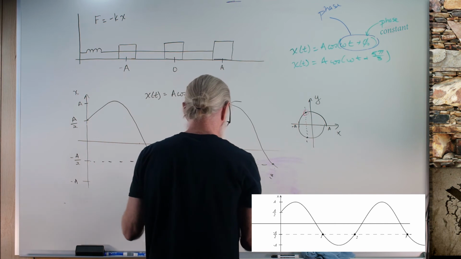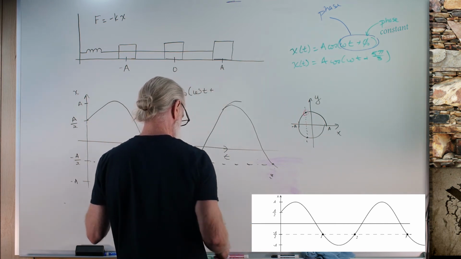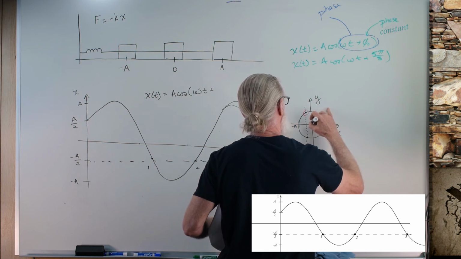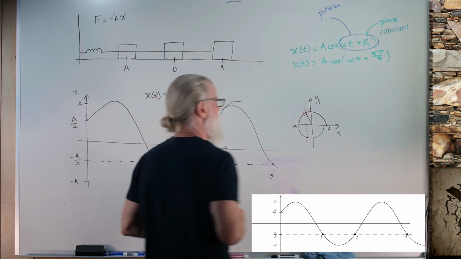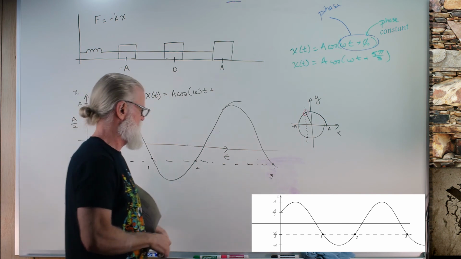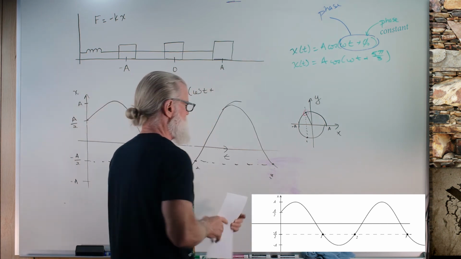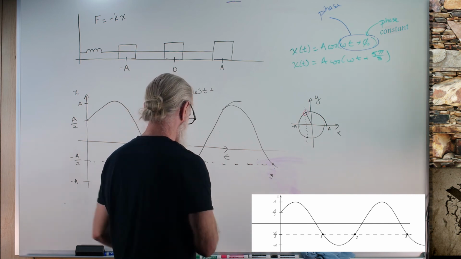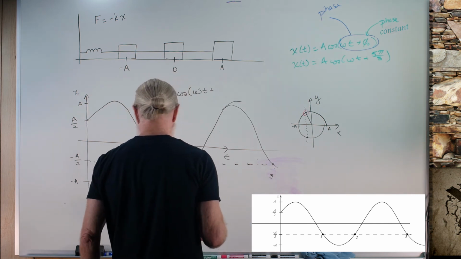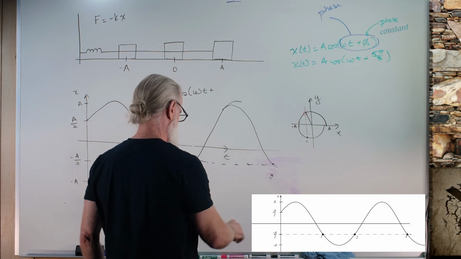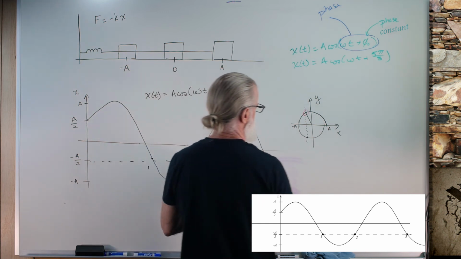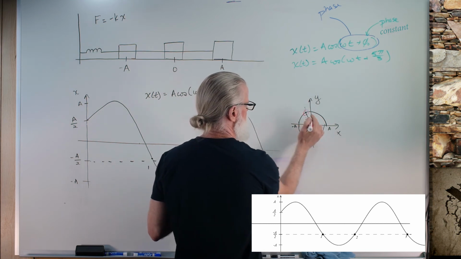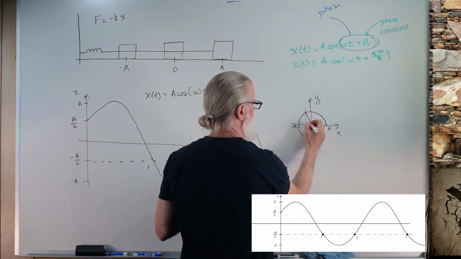We want to know the phase of that thing. Well, if I want to use what I did before, that's A over 2, so I'm going to look at this angle.